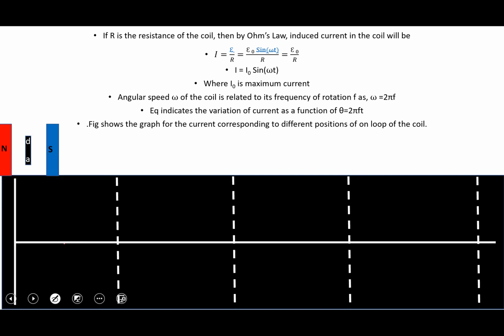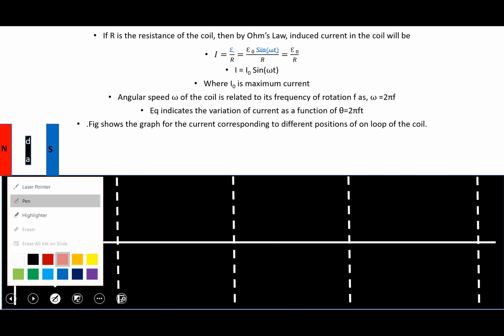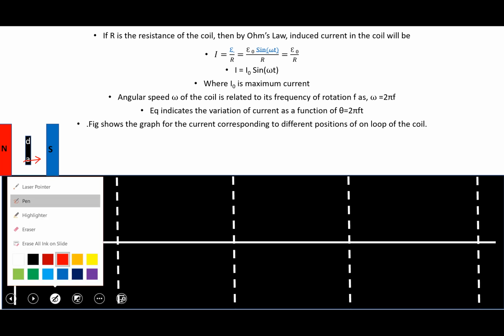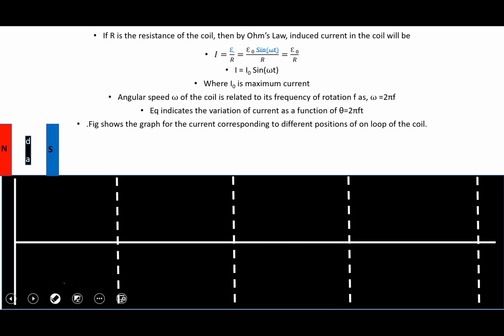So here we are going to represent the velocity, and the magnetic field is also in the same direction. Let me differentiate the colors over here. The magnetic field I'm going to show with the red color, and the velocity I'm going to show with the blue color. So what is the angle between these two arrows?